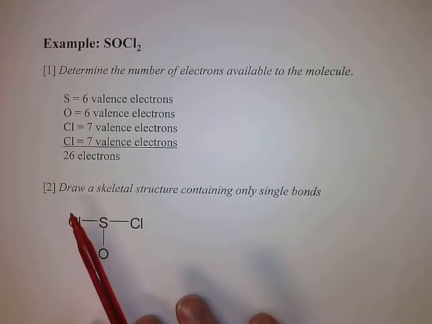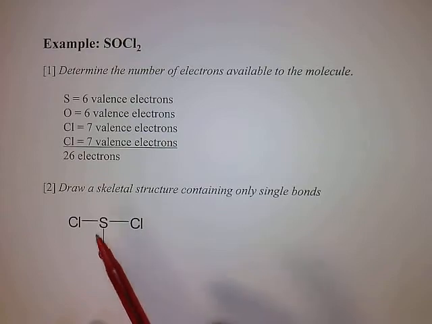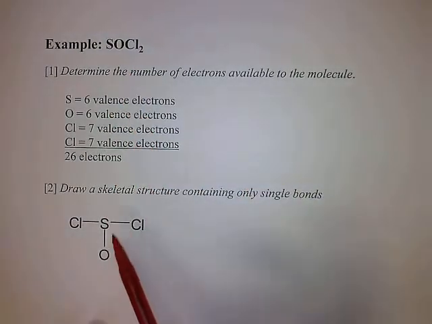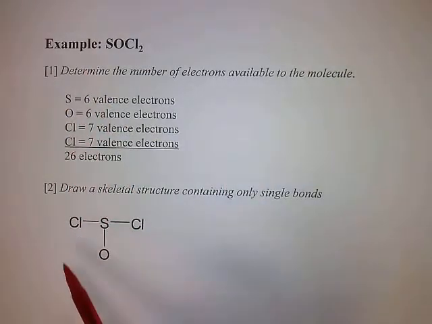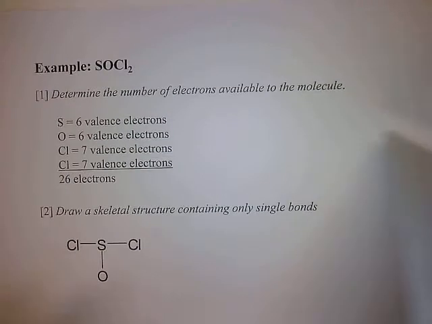Okay? So then we'll draw a skeletal structure that contains only single bonds. Sulfur is the central atom, so the sulfur will bind to the 2 chlorines and the oxygen. That gives us this structure.